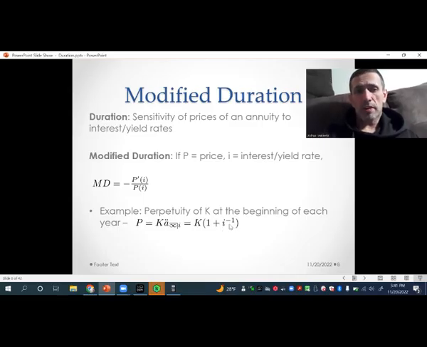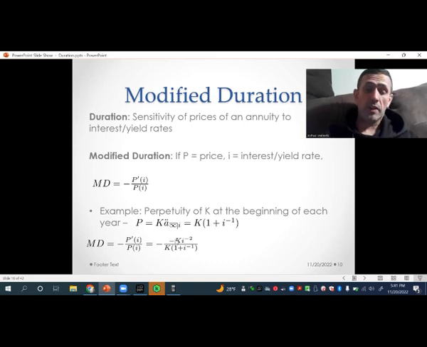So we can get the modified duration very easily. Just take the derivative of P with respect to I, holding K constant. Just drop the minus 1, subtract 1 from the exponent, times K. Derivative of 1 is 0. And pull out the K. All of that divided by the price, which is just K times 1 plus I to the minus 1.